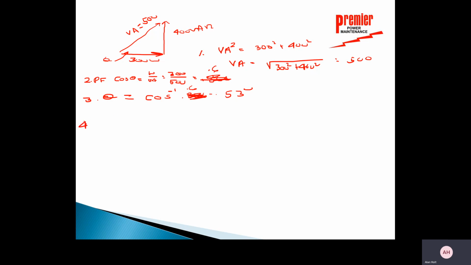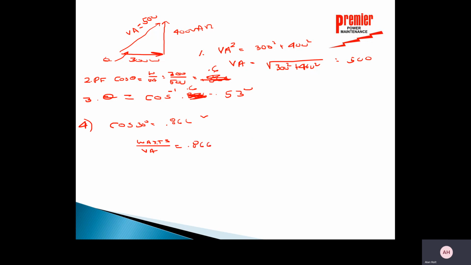So question number 4. Determine a new power triangle if the angle between the voltage and the current is 30 degrees. So let's look at that. Cosine of 30 degrees is 0.866. So that means watts divided by voltamperes equals 0.866.